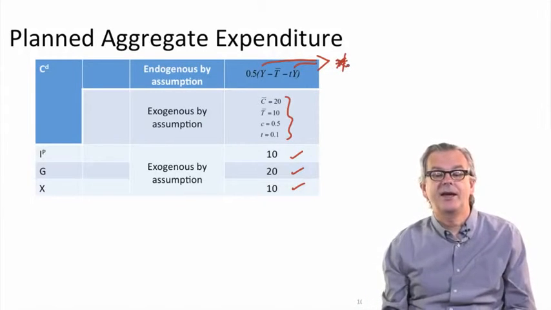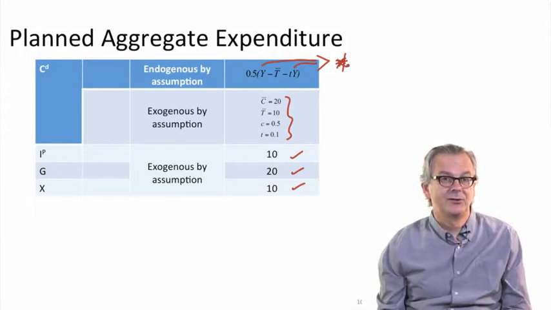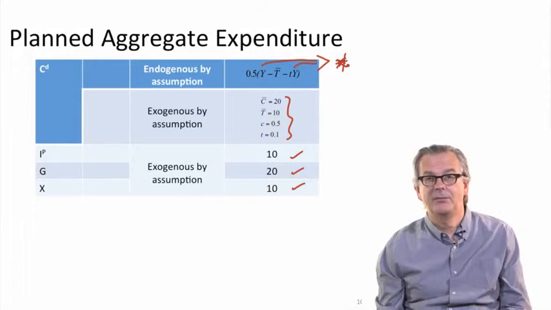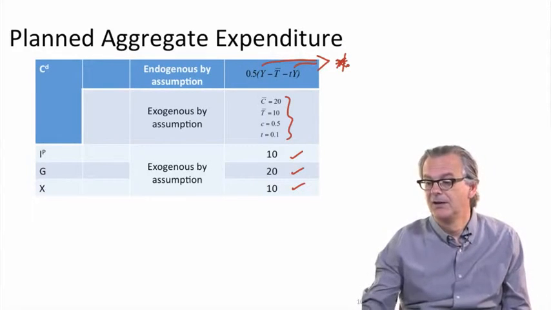So that planned aggregate expenditure, whilst a lot of it is exogenous in this framework, has a very important endogenous channel coming through income, in particular coming through the way that income in aggregate affects household consumption.